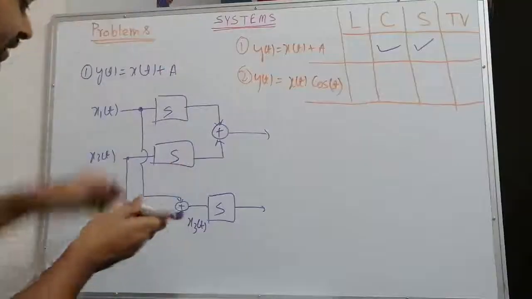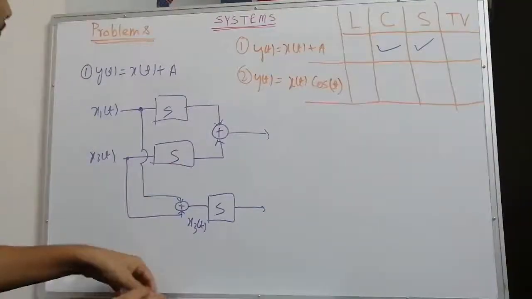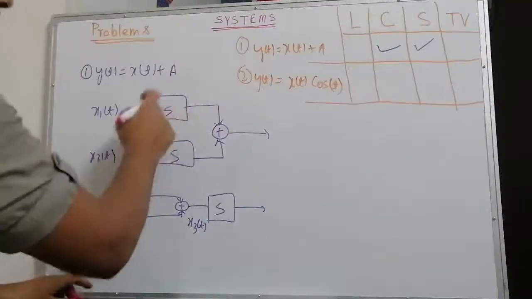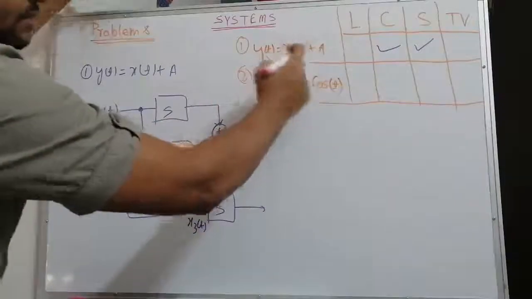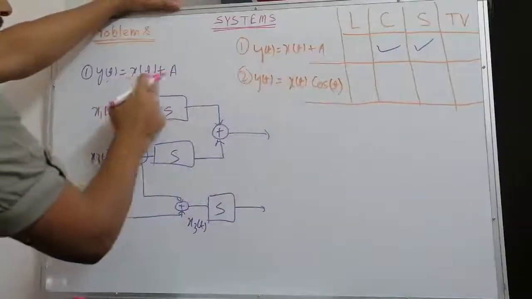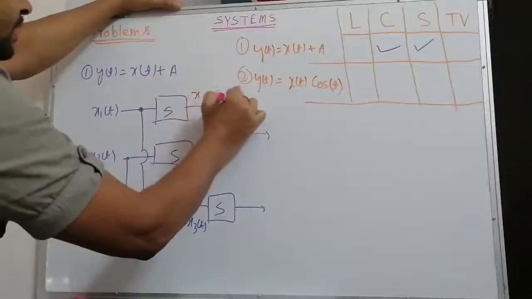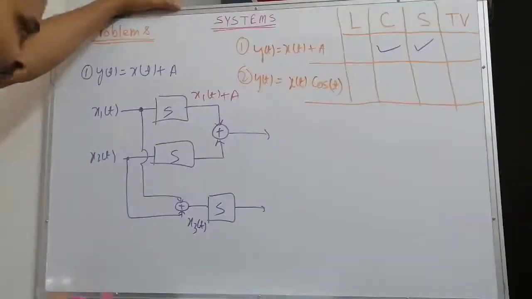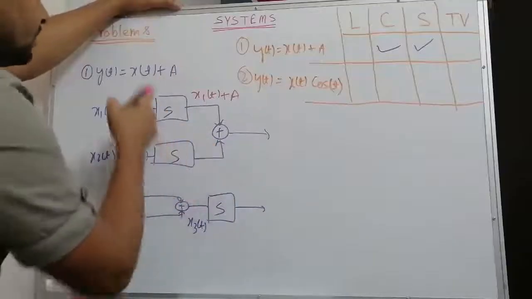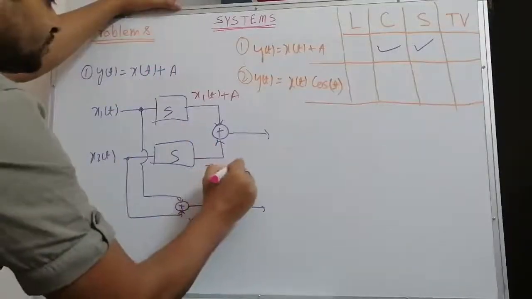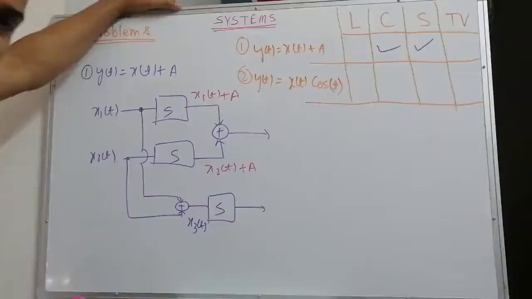So let us put these values here. The system follows x of t plus a, so for x1 of t the output will be x1 of t plus a. Here the system follows the same rule, so this will give x2 of t plus a.